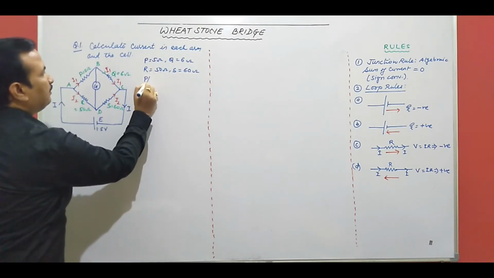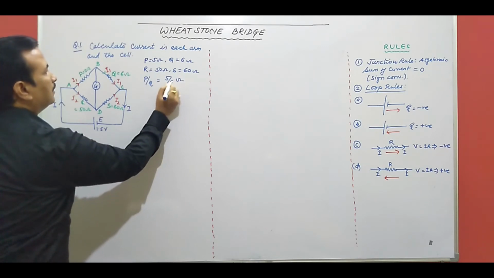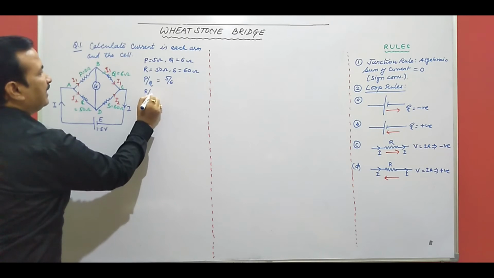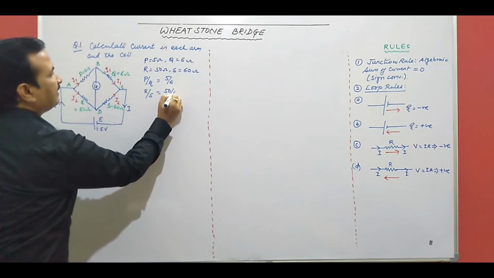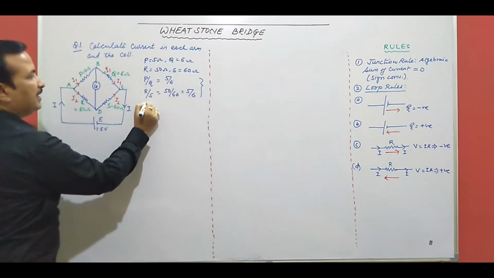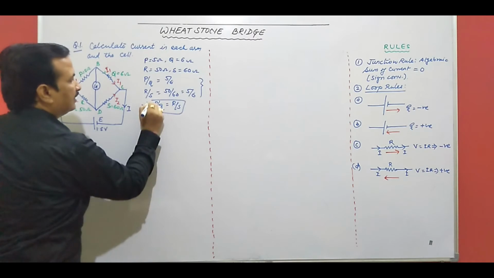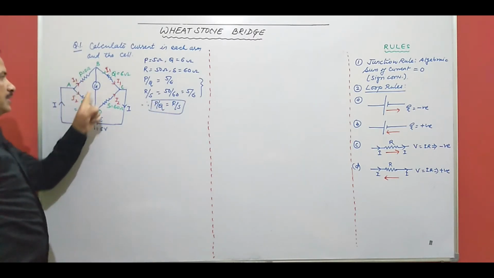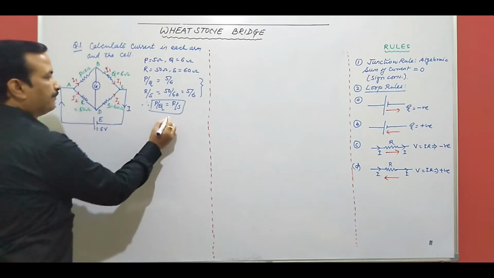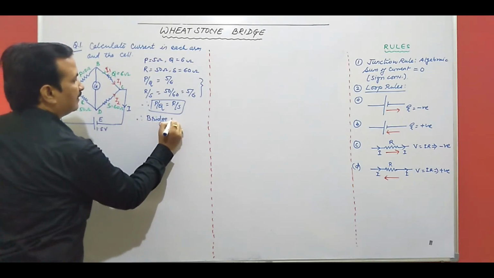If we calculate P by Q, this will be 5 by 6. 5 by 6 it is coming. Okay, R by S if we calculate, it is 50 by 60, again 5 by 6. So you can see, therefore we have P by Q is equal to R by S. Got it? P by Q is equal to R by S. So therefore the bridge is balanced.